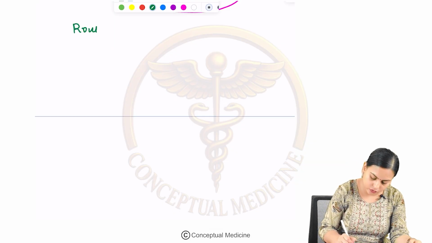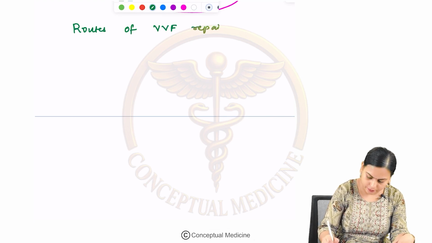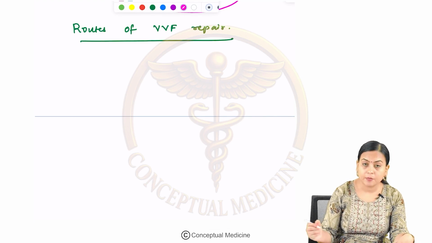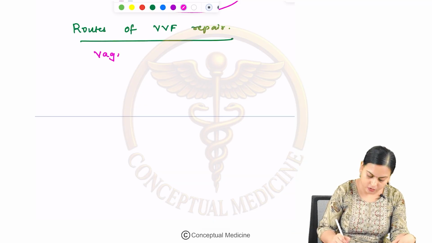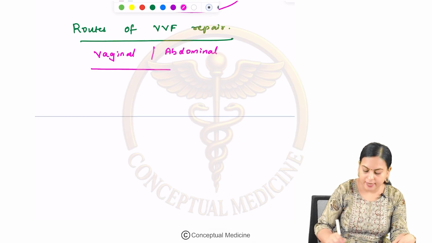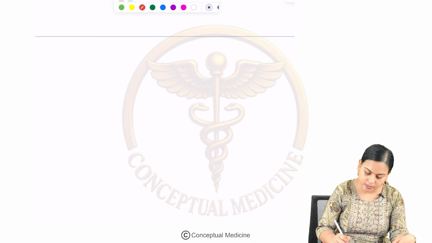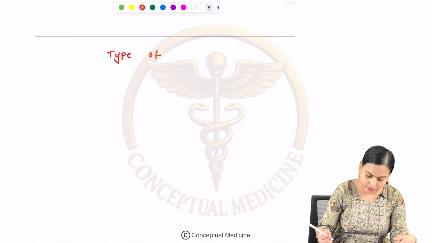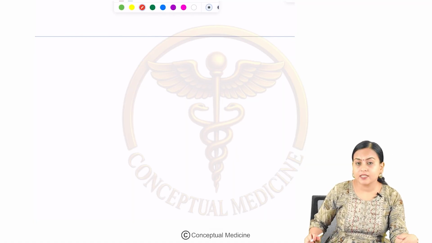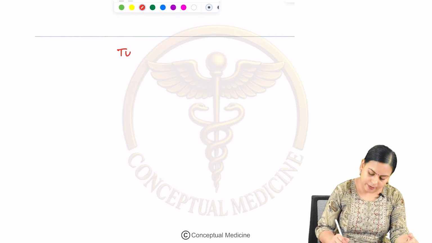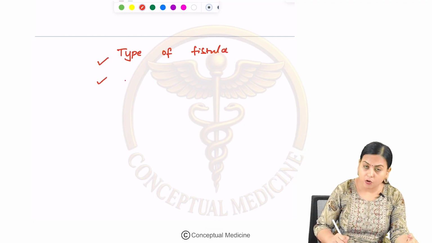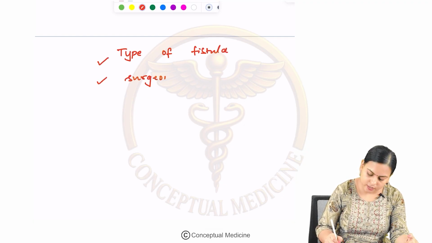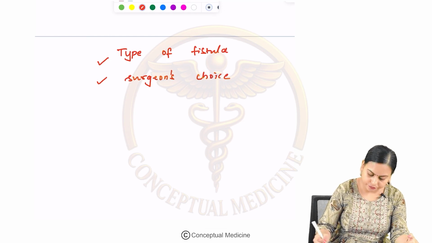Okay, so routes of vesicovaginal fistula repair. Okay, so it can be offered vaginal or else abdominal, and this again depends upon the type of fistula and also the surgeon's choice.